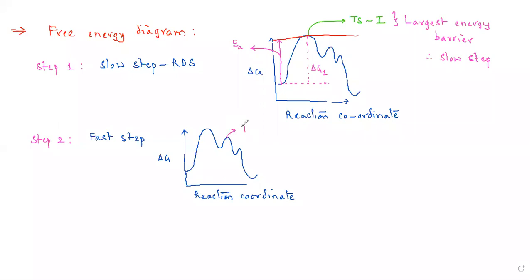Now this is the transition state 2, and this is delta G2.